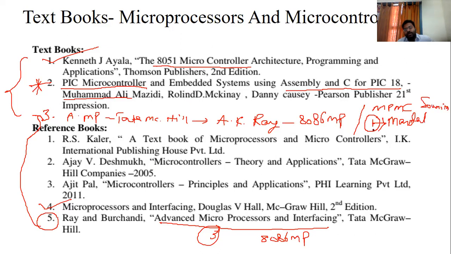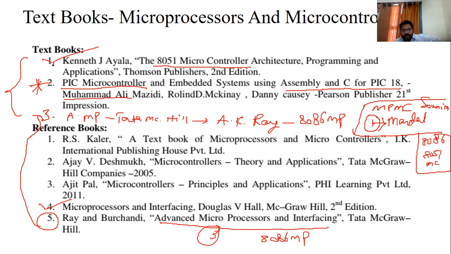This one textbook is sufficient to read the 8086 microprocessor and 8051 microcontroller. But for PIC 18 you must require the Muhammad Ali textbook. So Soumitra Kumar Mandal is also a textbook available to read the 8086 microprocessor and 8051 microcontrollers.